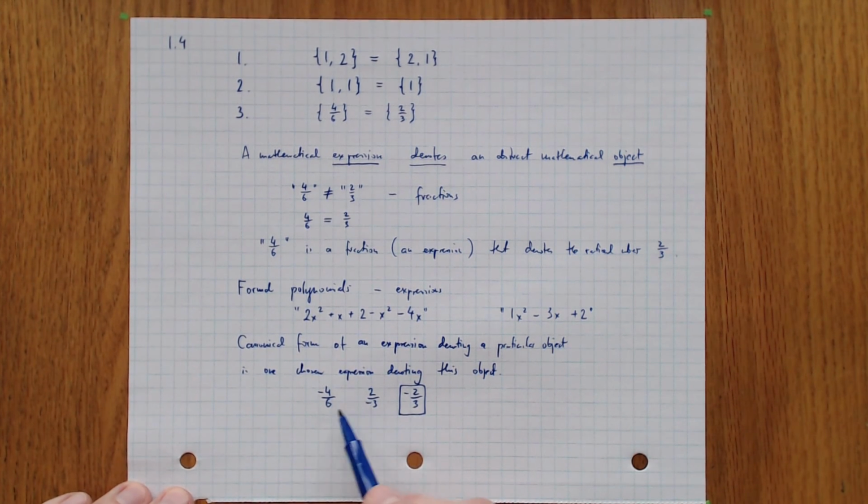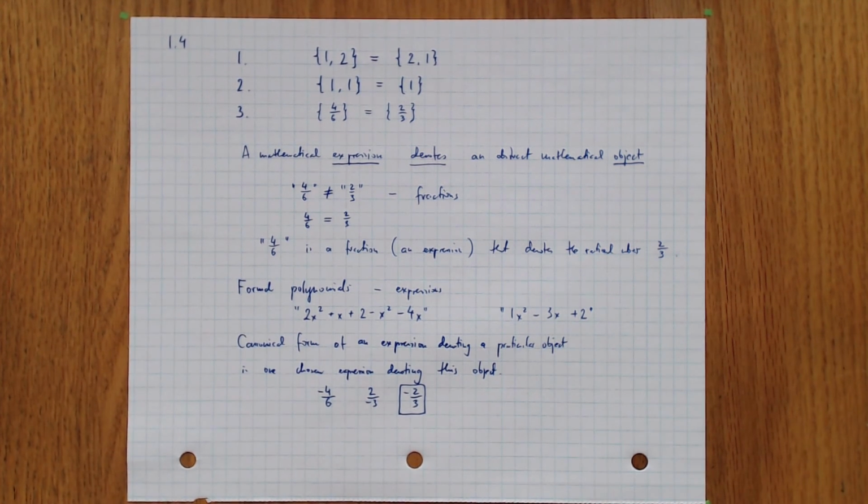Given two expressions, convert them to the canonical form. If in both cases you obtain the same canonical form, completely identical expression, then you know that the original expressions denoted the same mathematical object.